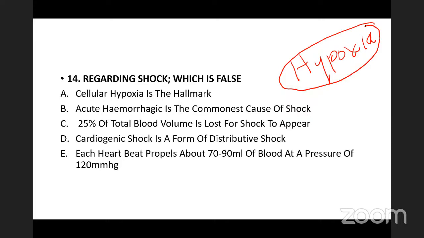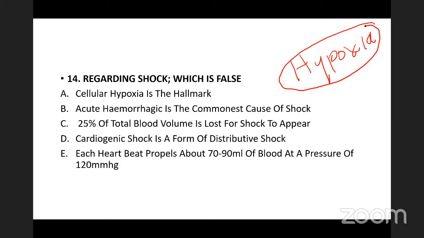25% of total blood volume is lost for shock to appear. You should remember, 25% of total blood volume must be lost for shock to appear. This is also correct because there are different classes of hemorrhage: class 1, class 2, class 3, and class 4.